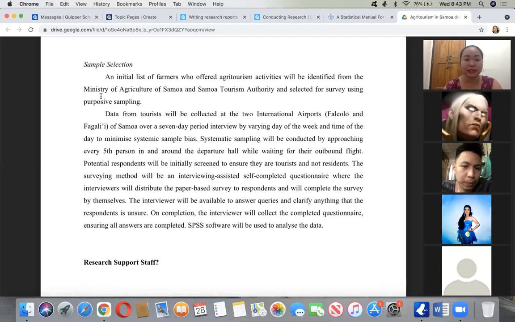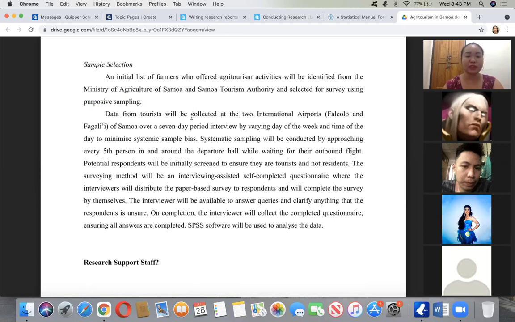So, ang ginamit dito is purposive sampling. It means may purpose, no? We interviewed the Ministry of Agriculture or the farmers, the specific farmers, for this purpose.